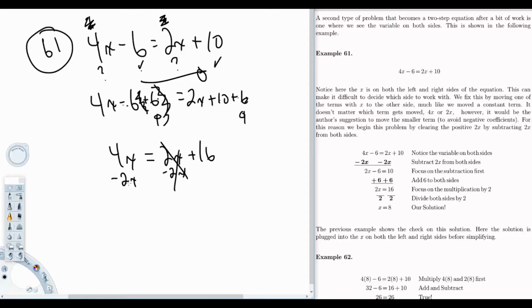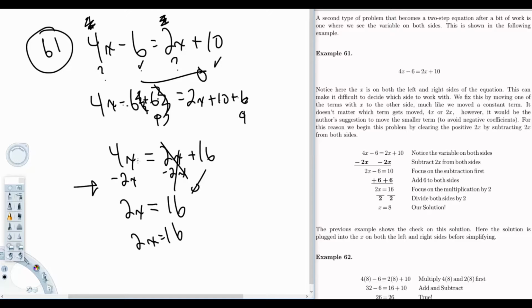And 4x minus 2x equals 2x. And I bring this down, 16. So 2x equals 16. I'm going to talk about this a little bit more after. Just believe me, you can do that.